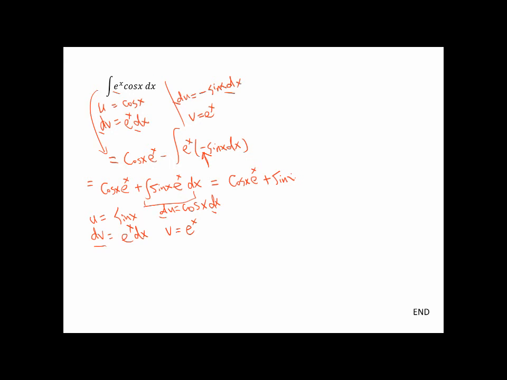Sin x e to the x. I'm solving this integral here. So uv minus integral new column. New column is here, right? e to the x cosine x dx. Okay. It looks like I need to do the integration by parts again, but let's see.